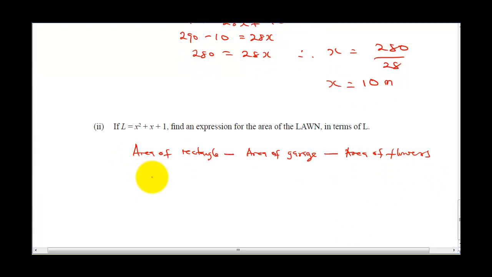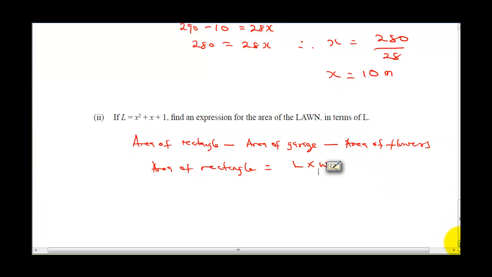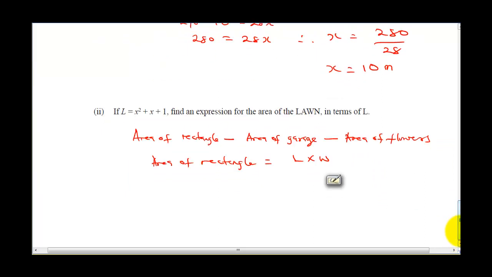So knowing that the area of a rectangle is length times width, in this question we are going to find the area of the rectangle, the area of the garage, and the area of the flowers.